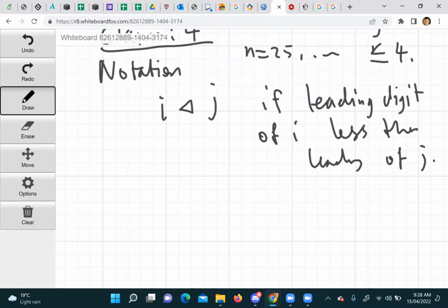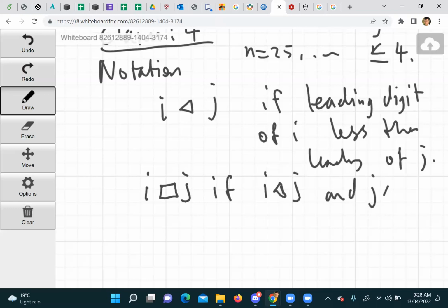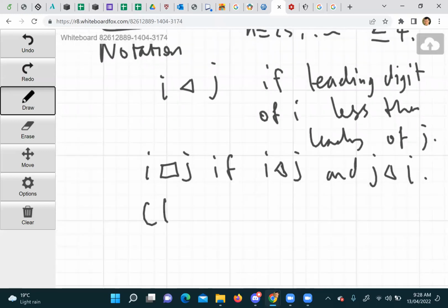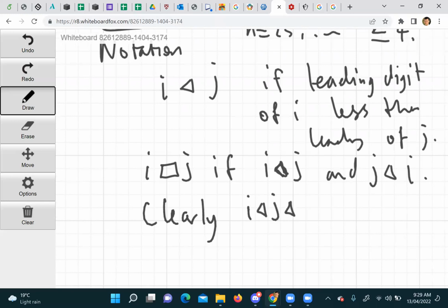And maybe you could say I square J if both I is less than J and J is less than I. Clearly, how can the leading digit of I be less than J and the leading digit of J be less than I? Oh yeah, crap. Okay, sorry, if they're equal. Let's not make it less than or equal to, let's just say strictly less than, yeah?